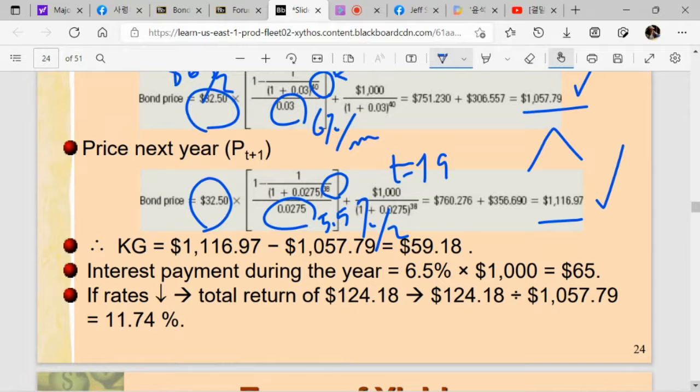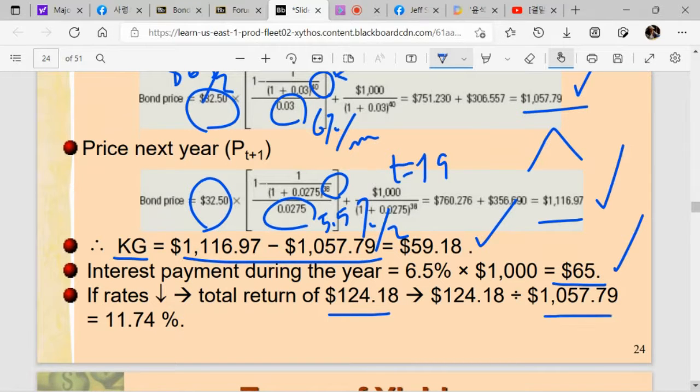So here, there is even capital gain of $59. And then during this year, you have earned coupon interest of 65. So your total proceeds, or total return from this bond, holding this bond 1 year, is this.